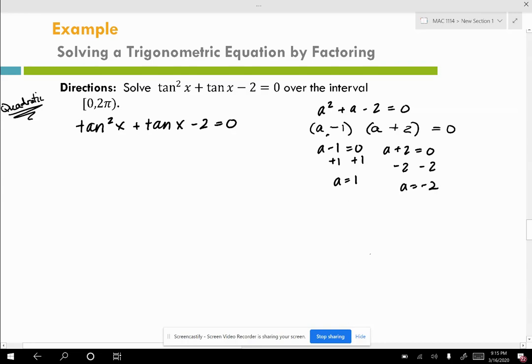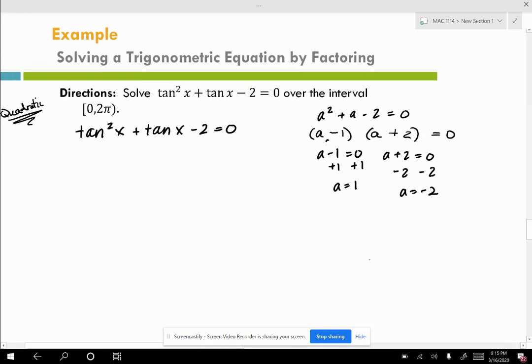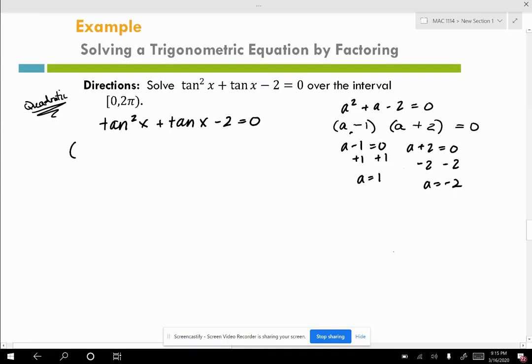Now, in the same manner that we just solved that simple quadratic is the same way that we're going to solve the trig quadratic on the left. So I'm going to factor it. Tangent x minus 1, tangent x plus 2. I'm going to set each one of those factors equal to 0.